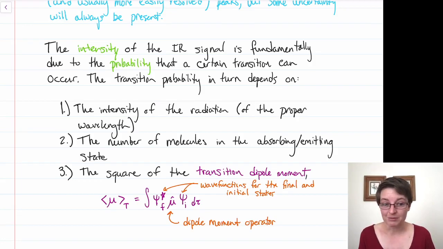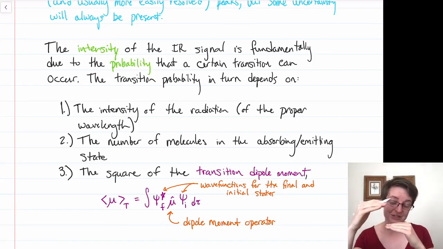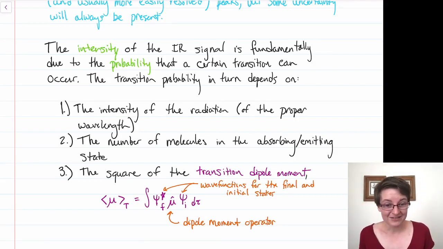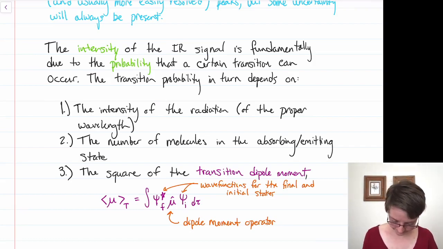And it's very improbable for a molecule to go from the nu equals 5 to the nu equals 6 state if it's not even probable for it to be there in the first place. So we have to have a number of molecules in the appropriate state, and you can control that as an experimentalist by increasing the concentration of your sample, for example.